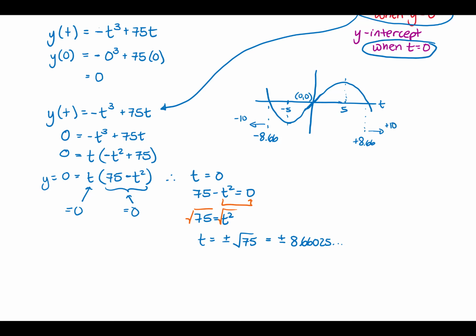And within that, I know my y value here would be -250, and my y value here would be +250. So why don't we give it a y range of, say, between 250 and -250. I can even go beyond that, maybe to 300 to -300.